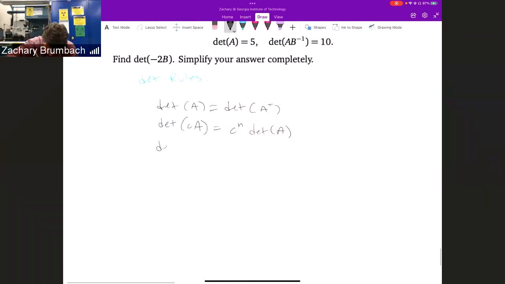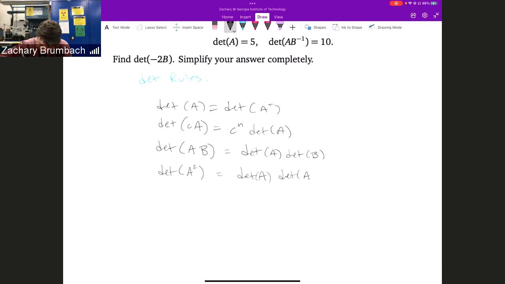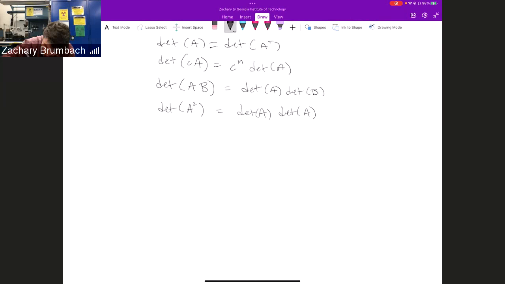Okay. The determinant of two matrices A and B is just equal to the determinant of A times the determinant of B. Okay. And this is the same thing as saying the determinant of A squared is equal to the determinant of A times the determinant of A, which is equal to the determinant of A. Okay.